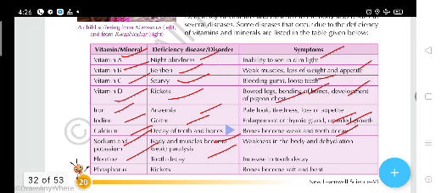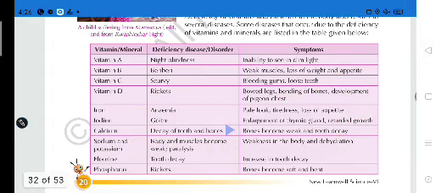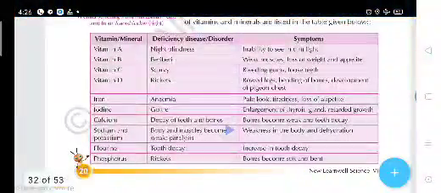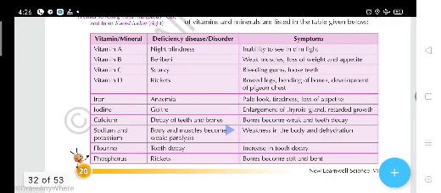Fluorine, increase in tooth decay. And phosphorus, rickets and the bones become soft and bent. Overall, students, in the first column there is the name of the vitamin and mineral, in the second column the disease which can occur due to the lack of these vitamins and minerals, and in the third column there are symptoms of these diseases.